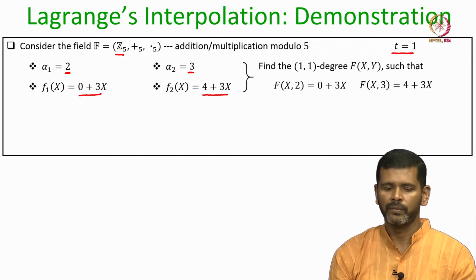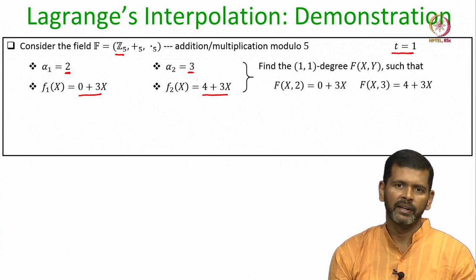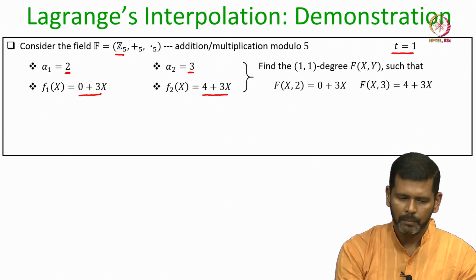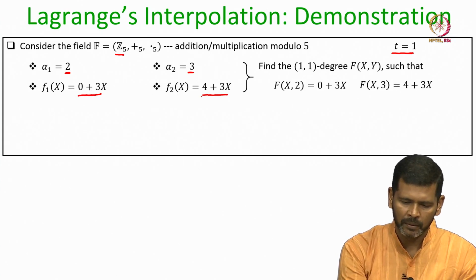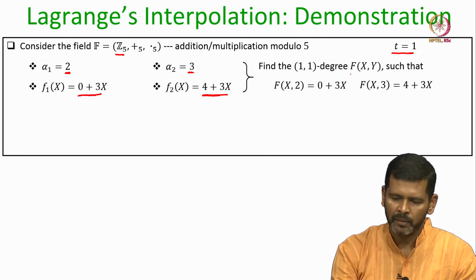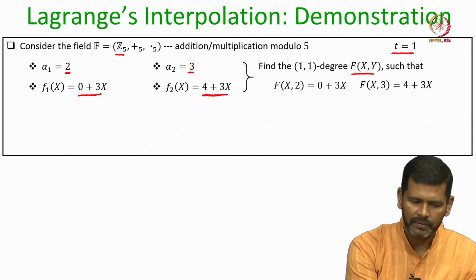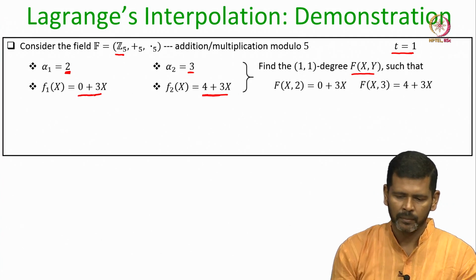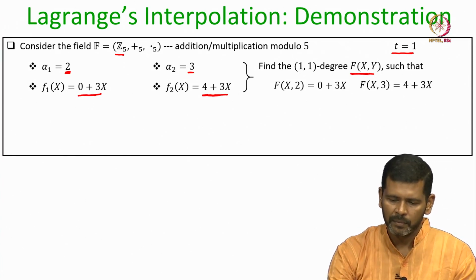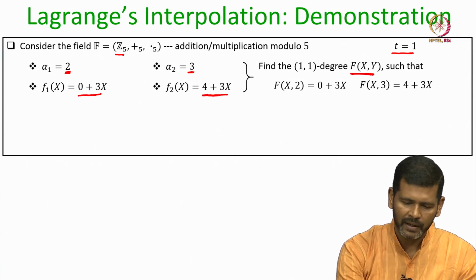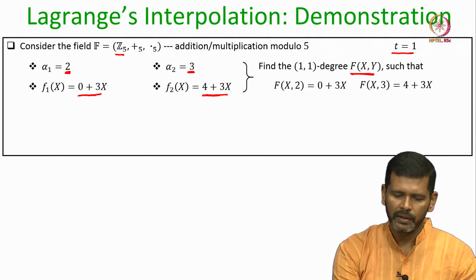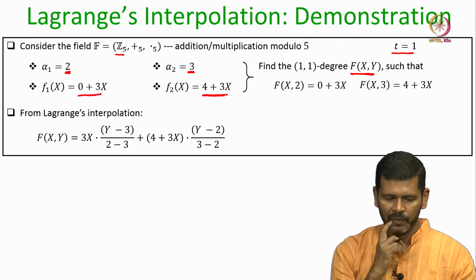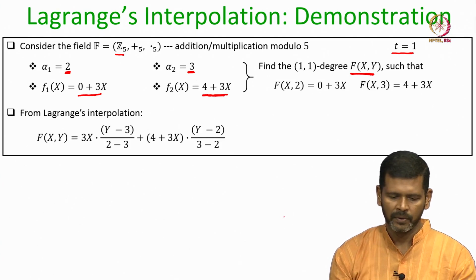Now, my goal is to find the unique bivariate polynomial of degree 1 in both the variables passing through the given univariate polynomials, namely that bivariate polynomial when evaluated at the first evaluation point alpha 1 should give me the first univariate polynomial, and when evaluated at the second evaluation point alpha 2 should give me the second univariate polynomial. So, what I will do, I will apply the Lagrange interpolation.